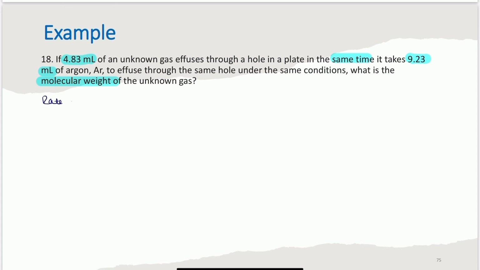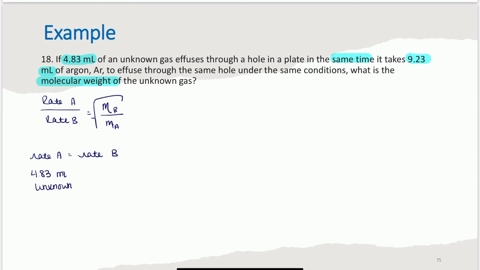So again, rate of A over rate of B is equal to the square root of the molar mass of B divided by the molar mass of A. The rate of A is equal to the rate of B, though. Tells me they effuse at the same time. I have 4.83 mL of unknown gas and 9.23 mL of argon.